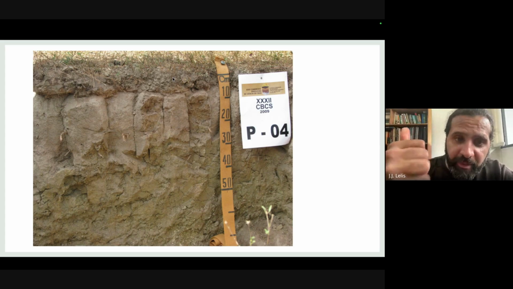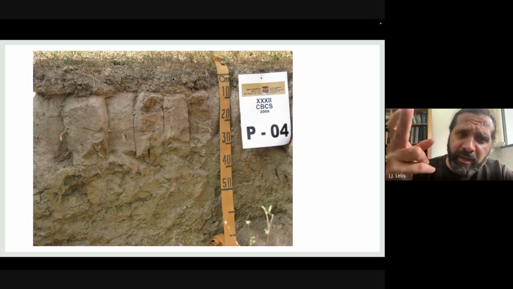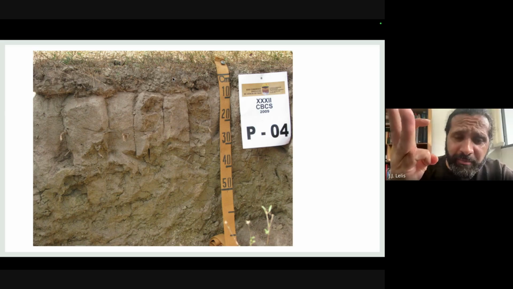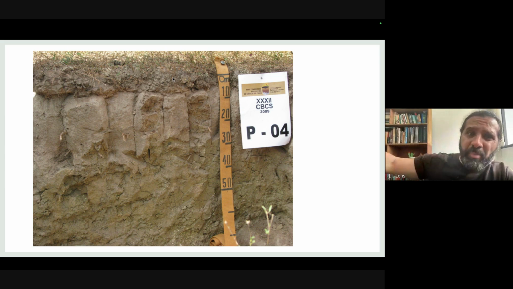So salt precipitation, salt dilution, and aggregates destruction, clay dispersion, clay migration. Okay, so it's a more complex process than just the river depositing some clay-rich material and then after that some sand-rich material.